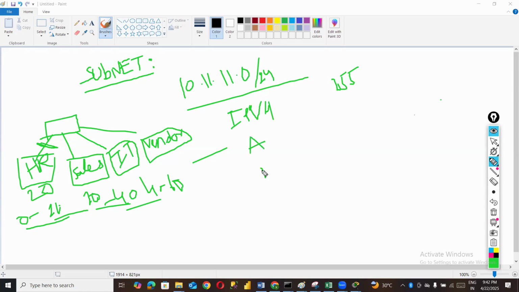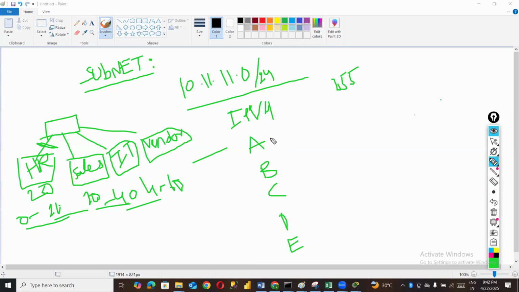Class A, Class B, Class C, Class D and Class E. What are these classes? These are the classification of IPs. We see IPs in our computers or mobiles, wherever. But how are these IPs coming? There are standards.